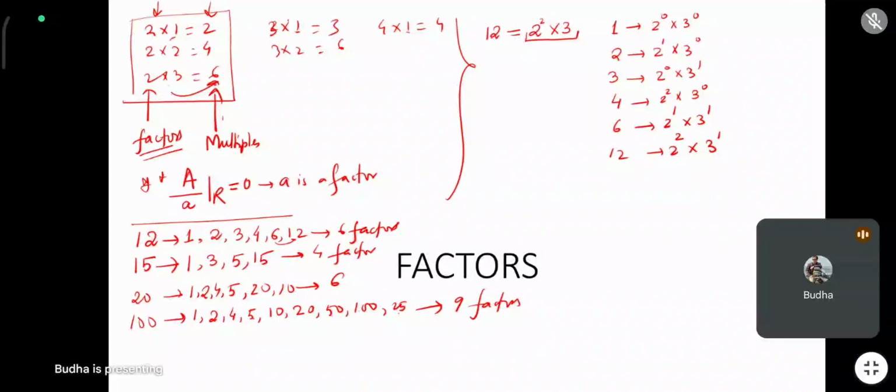Every factor of 12 is made up of 2 into 3 as the base. सिर्फ powers change होते हैं देखो. So what are the powers of 2 I'm using? I'm using 0, I'm using 1, I'm using 2. What are the factors of 3 that I'm using? Powers of 0 and 1 only.